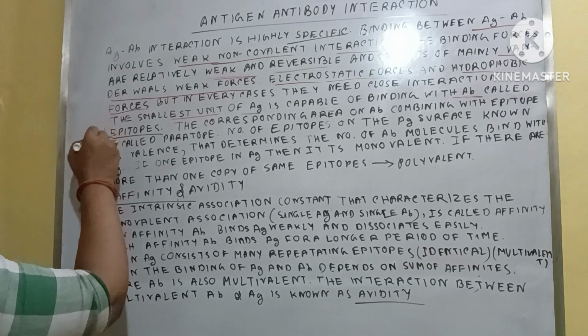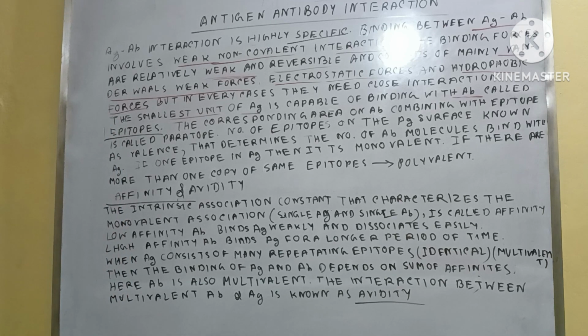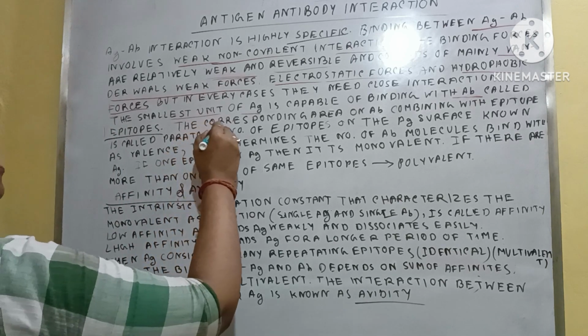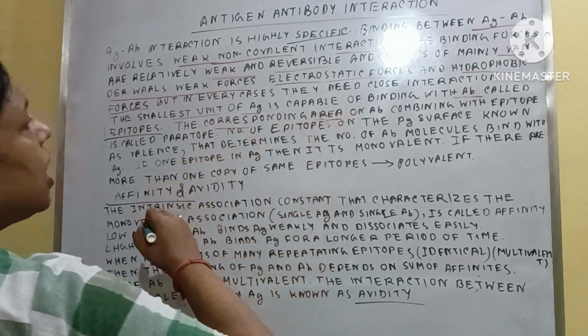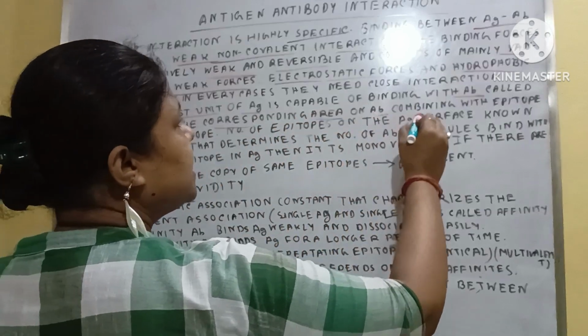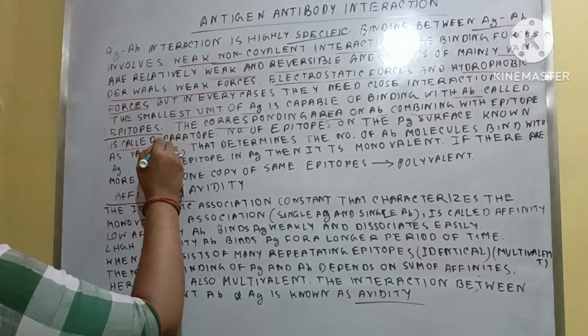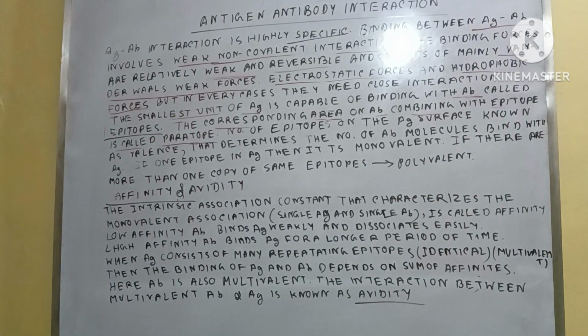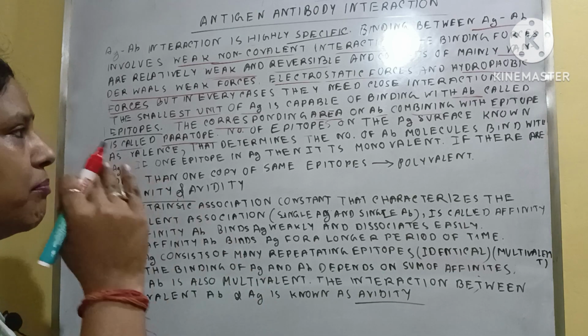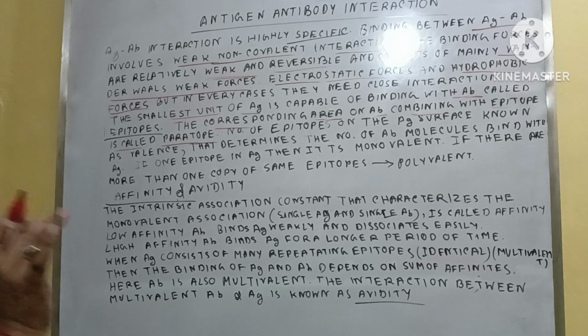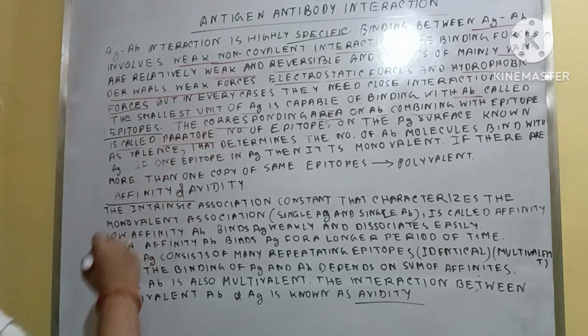And the corresponding area on the antibody that combines with the epitope is called the paratope. Then what is called the paratope? The place of the antibody where the antigen binds is called the paratope.